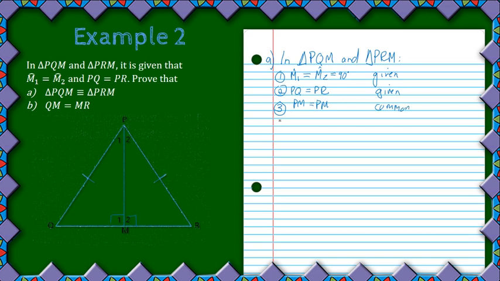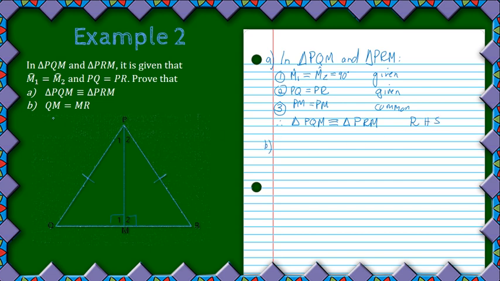Right, so therefore triangle PQM is congruent to triangle PRM. And since we were working with a right angle, our reason is right angle, hypotenuse, side.